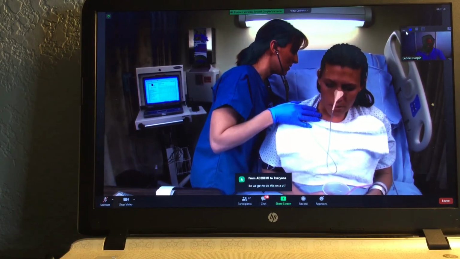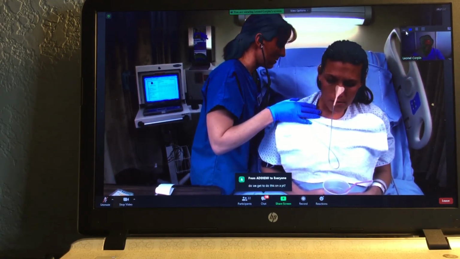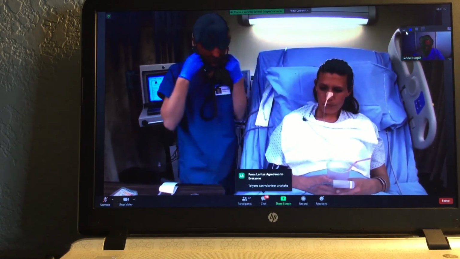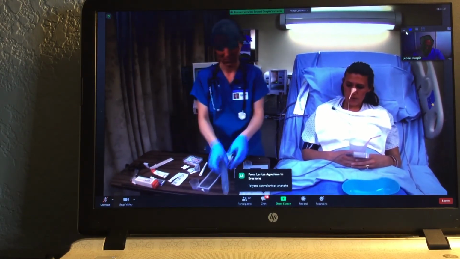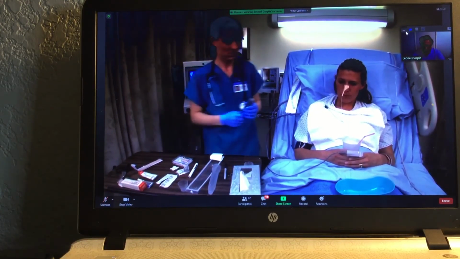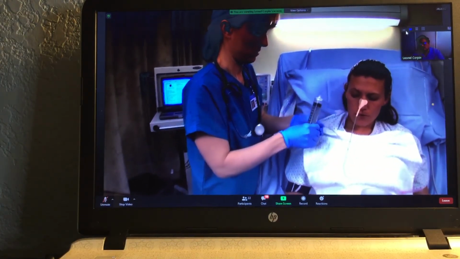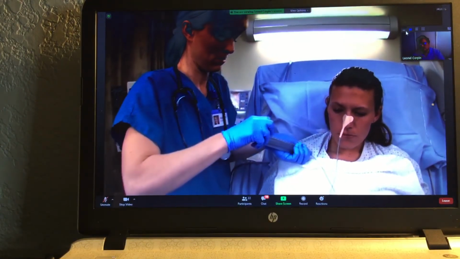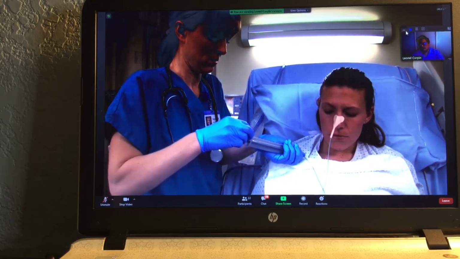Take a deep breath in. Another deep breath in. Okay, good. Withdraw gastric aspirate. Assess the appearance of the aspirate and its pH to help confirm placement.